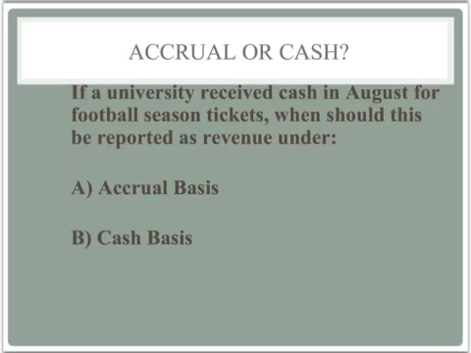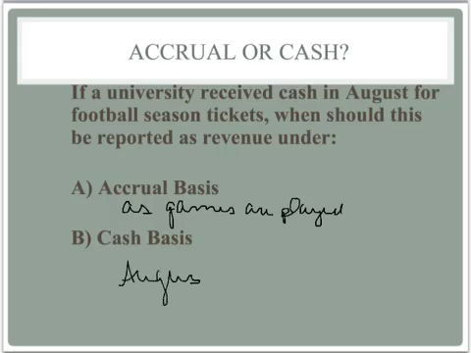It's a hard one. It's actually as the season progresses. So as games are played. And under the cash basis, August. That's correct. Because we received the cash in August.